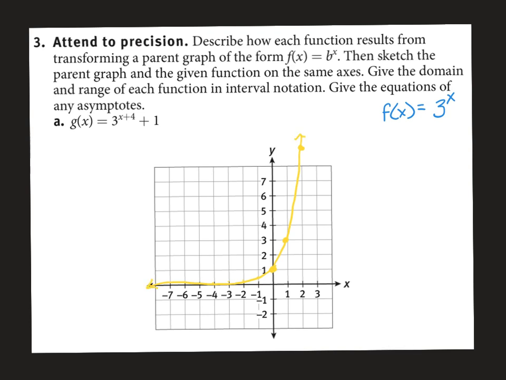Just like that. Well, we got 2 shifts, and I don't care if you do these all at one time or one at a time. Remember, this is going to move us left 4, and that's going to move us up 1. So if you want to do that on all these points, you're welcome to do that. Left 1, 2, 3, 4, up 1.